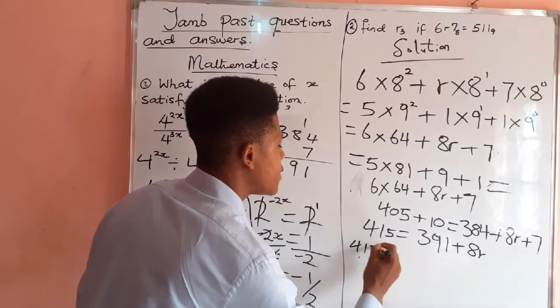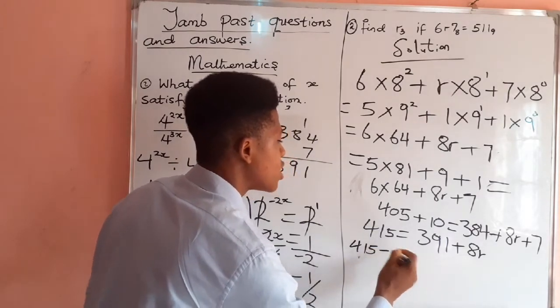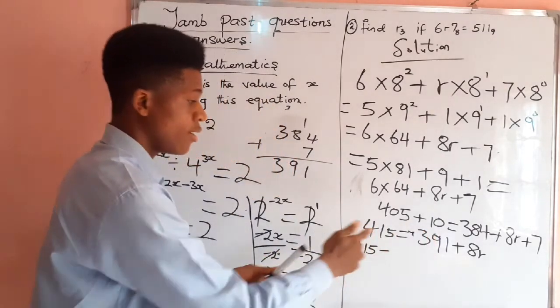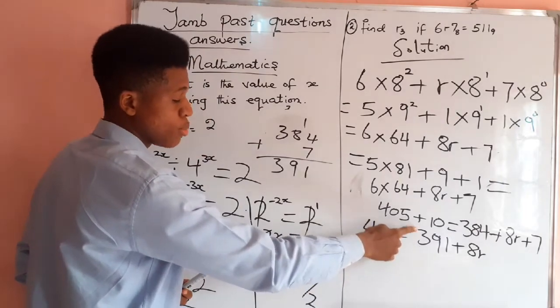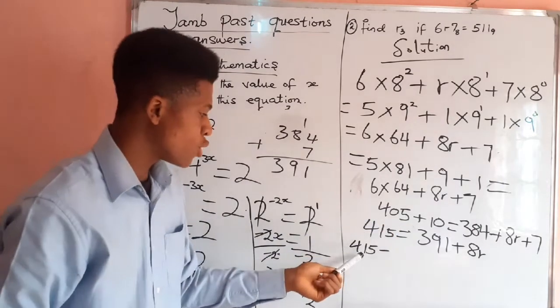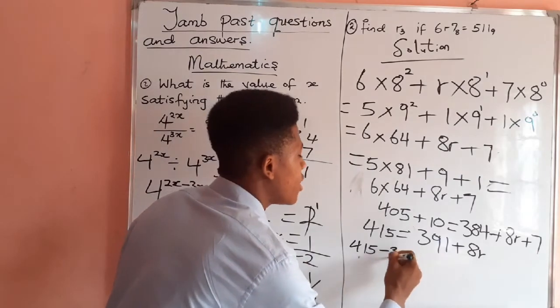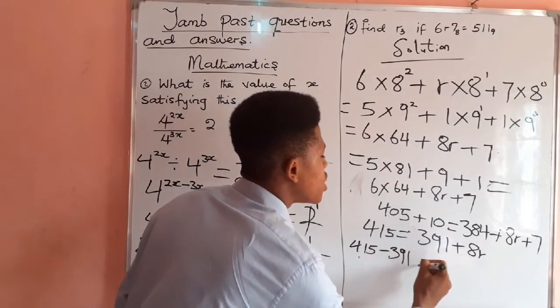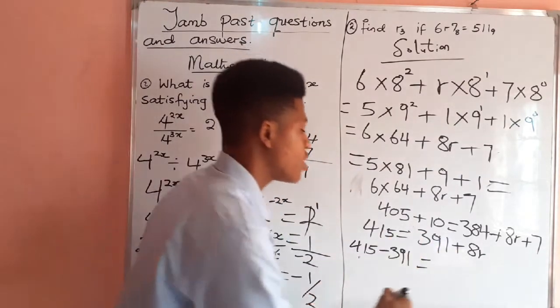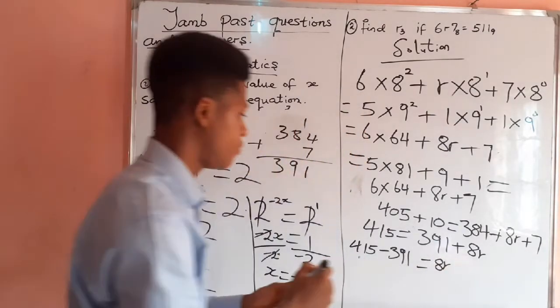This will be 415 minus what? Because there's a plus here. There's an invisible plus here because 391 is a positive number. So it will be 415 minus 391, which is equals to what? Plus 8R, which is the same as 8R.